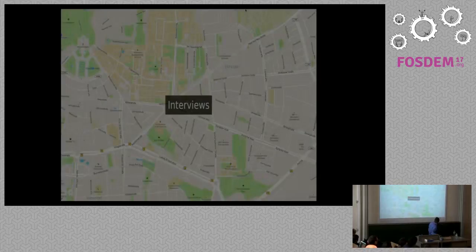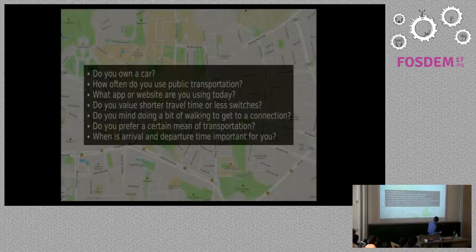I asked them these very simple questions. The top one, as they talked about in the earlier talk, is a totally closed question. But the other ones I tried to make fairly open. So for example, the top one is, do you own a car? Which asks whether you are only dependent on public transportation when you need to get somewhere.